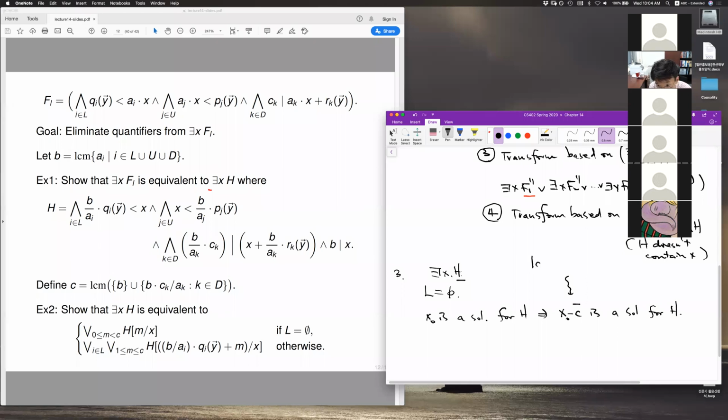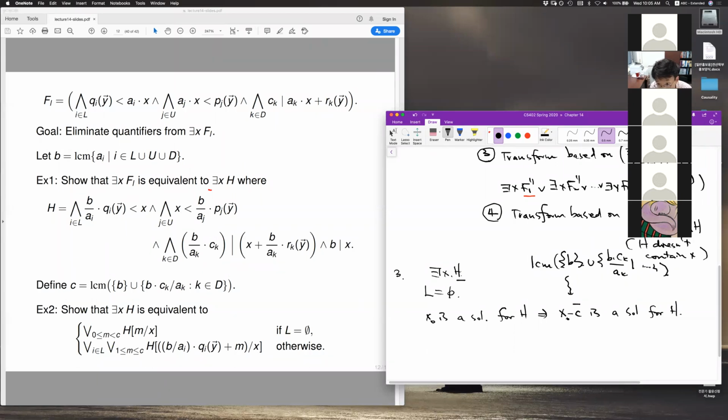It's the least common multiplier of B, which we computed in the previous step, and the B times CK divided by AK.